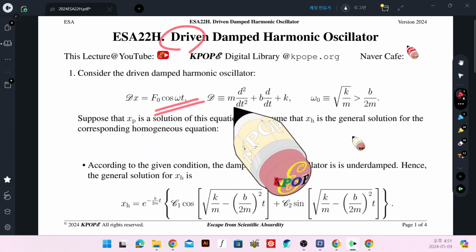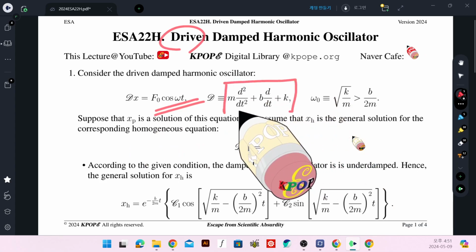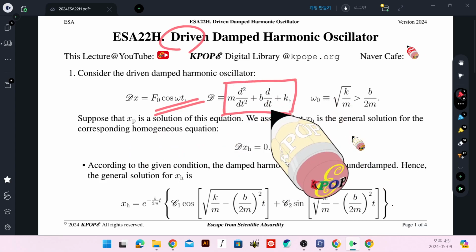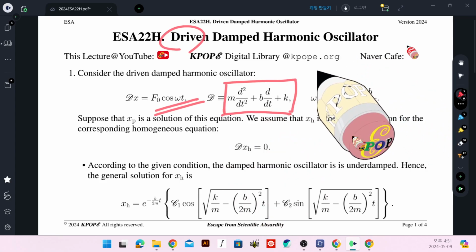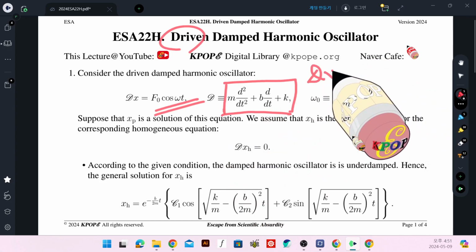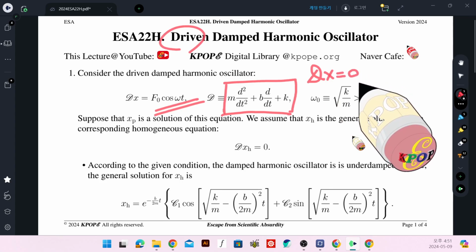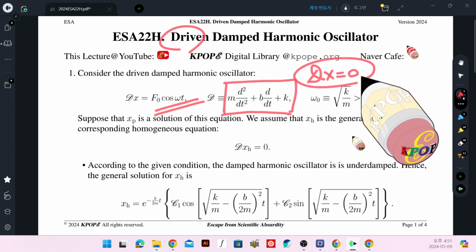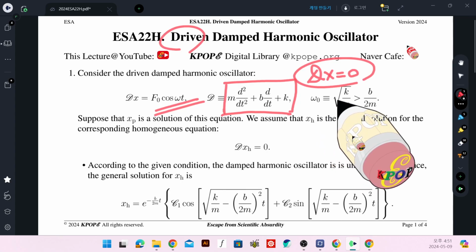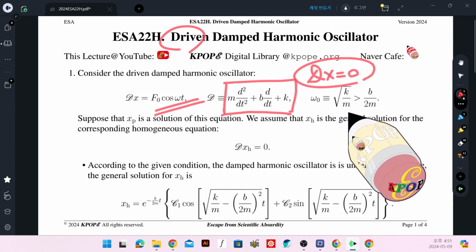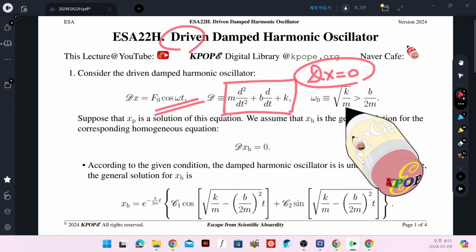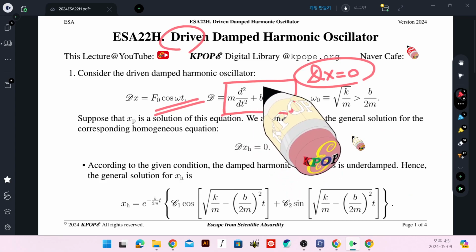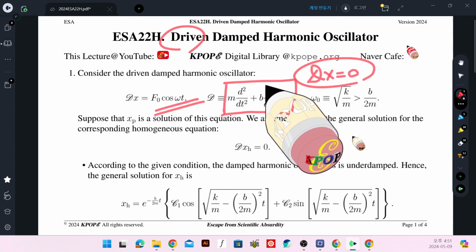We recall the differential operator for the damped harmonic oscillator; the simple damped harmonic oscillator is expressed in this form. Here omega 0 is the square root of k over m. That is the characteristic frequency for the corresponding simple harmonic oscillator that does not have this term.